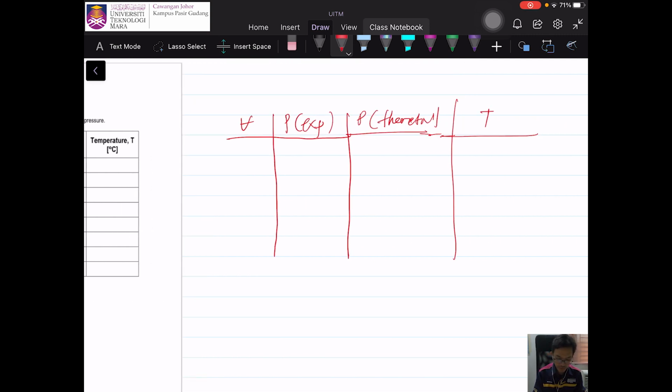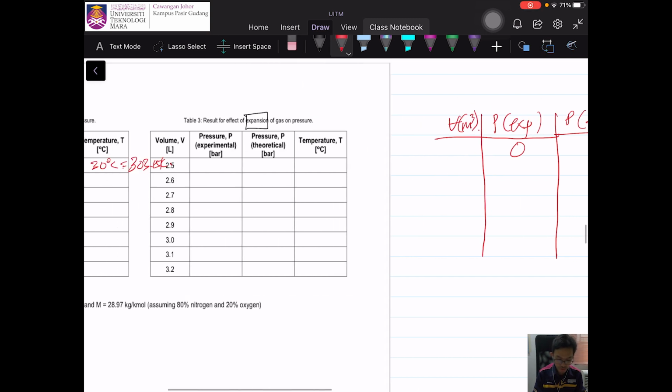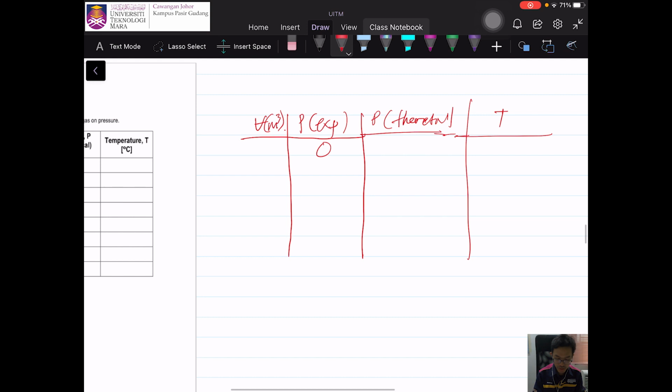Let's say initially you have 0 pressure, and the volume is 2.5 liter. I really suggest you use cubic meters. So if you use cubic meters, 2.5 divided by 1000, you get 0.0025 cubic meter.